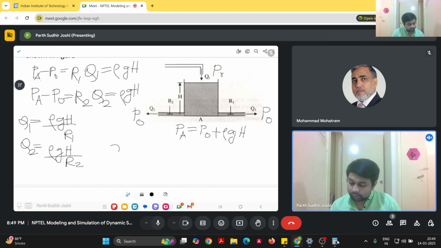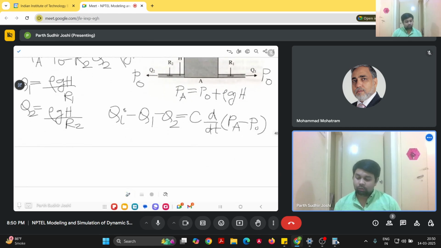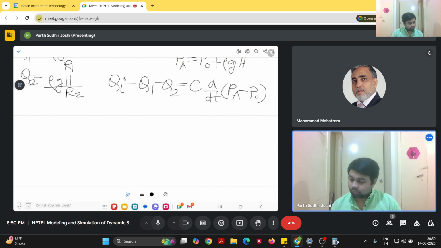The net flow rate entering and leaving the system, that is Qi minus Q1 minus Q2, is equal to the capacitance into d by dt of Pa minus P0. We'll just substitute from what we derived for Q1 and Q2.